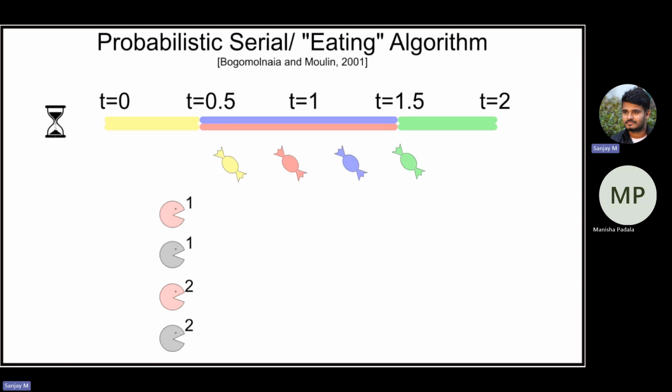This circle here denotes the copy, the representative of the red agent for t equals 0 to t equals 1, this window here. Similarly, the second copy denotes the representative for the second window, and so on. I do this for all 1 second windows and all agents.